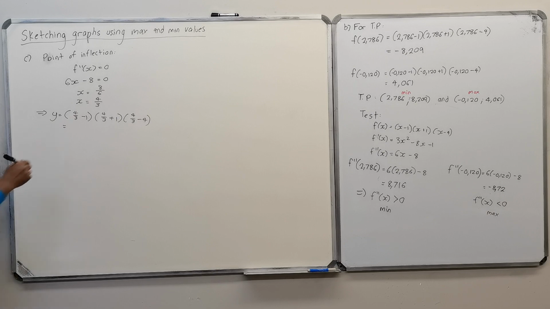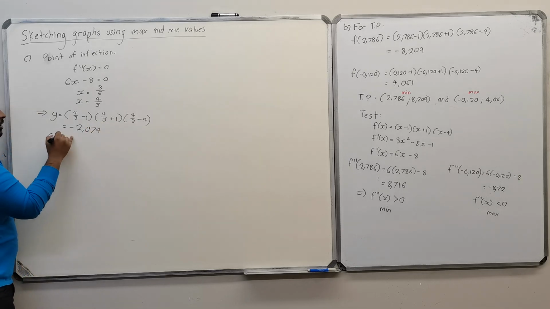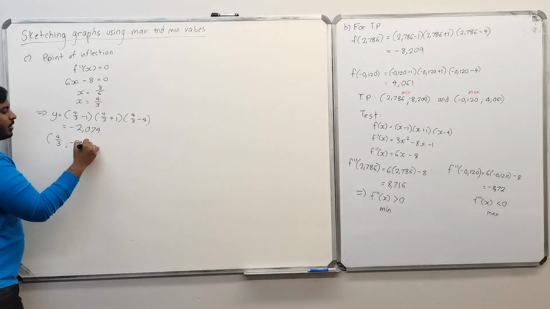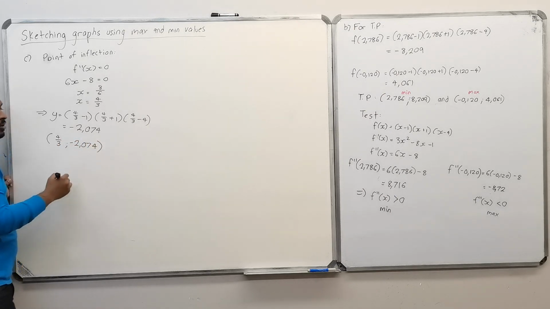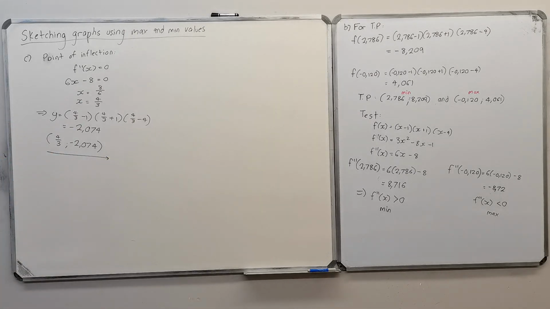Minus 2.074. So your point of inflection is 4 over 3 and minus 2.074. Good? Everything we did already, right?